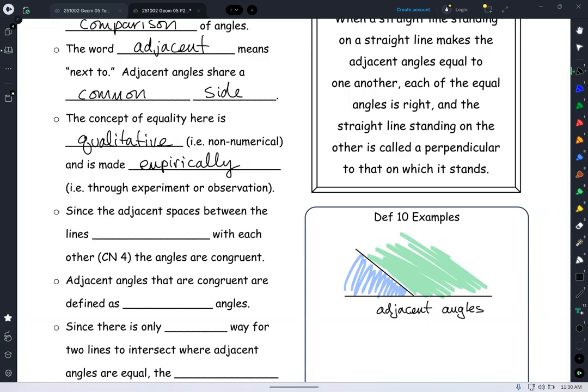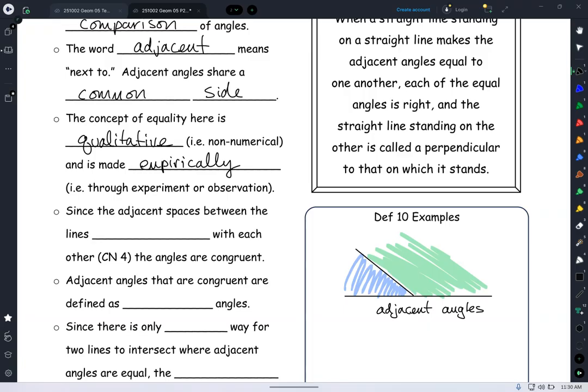In other words, we can all pretty much agree by looking here that the space defined by the blue color is clearly smaller than the space defined by the green color. Would you agree with that? So we could say that the blue space and the green space are not the same, or, more mathy, we could say they are unequal.